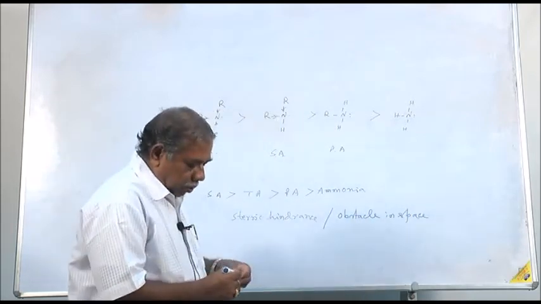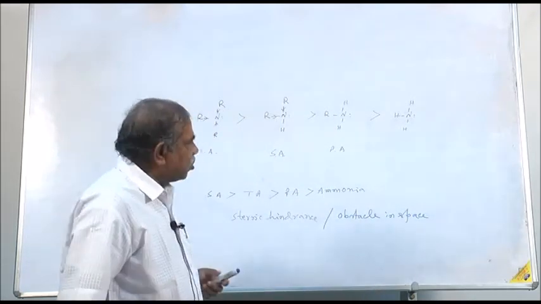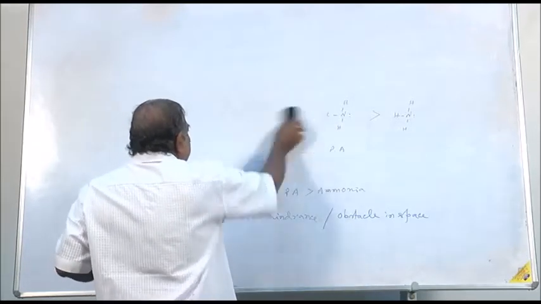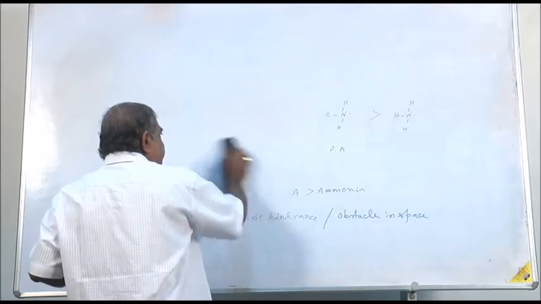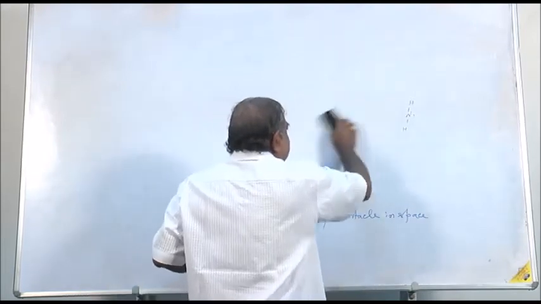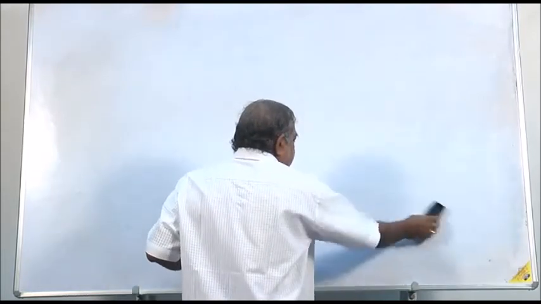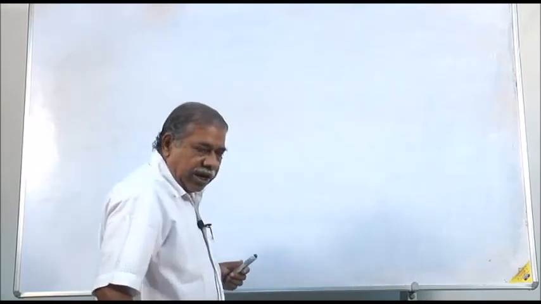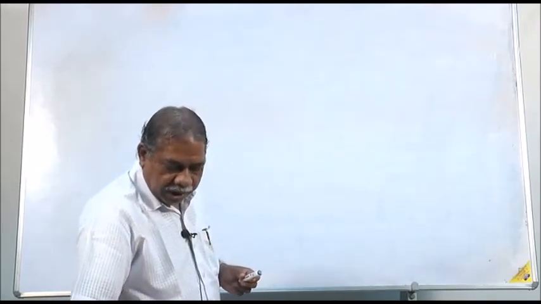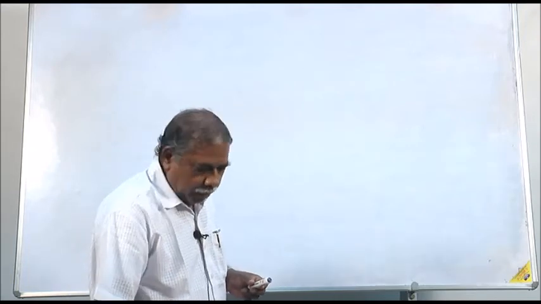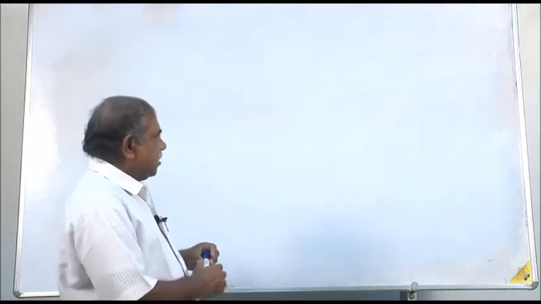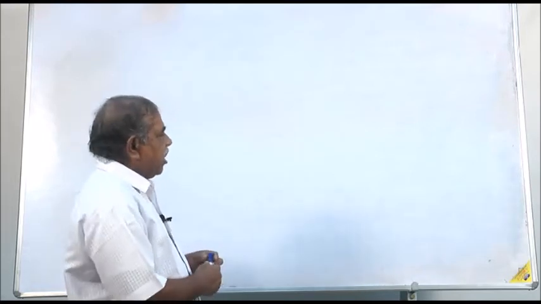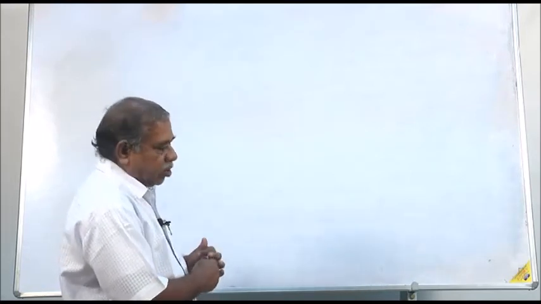That was most important. Next was action with nitrous acid. Different amines behave differently towards nitrous acid. Primary amine gives alcohol, where the NH2 group is replaced by the OH group. Secondary amine gives nitroso compound, and tertiary amine gives nitrite salt.